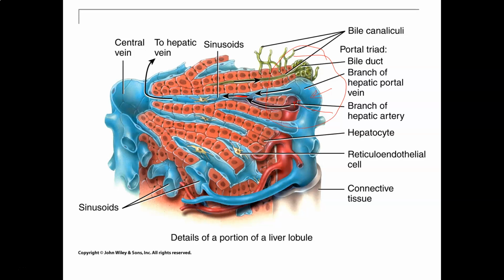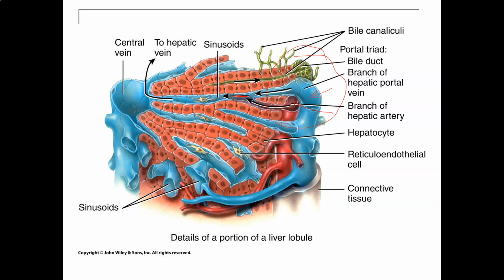So you want to bring this blood from the digestive tract to your liver in order to help process it, to remove excess nutrients, but also to help clean it up, because we don't just absorb nutrients in our digestive tract.